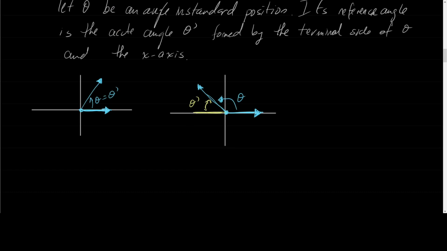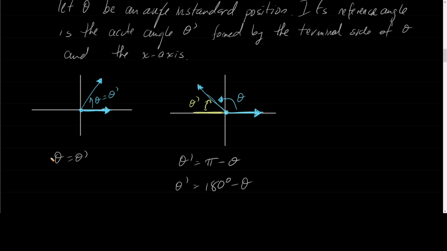In radians, the reference angle would be equal to pi minus theta, because I'm looking to figure out what this angle is. I know that all the way across is an angle of pi. So I start with pi and take away the original angle. In degrees, it would be 180 degrees minus theta. And by the way, in the first quadrant, since theta is equal to theta prime, there's no conversion needed.